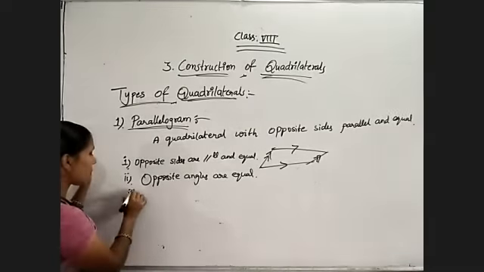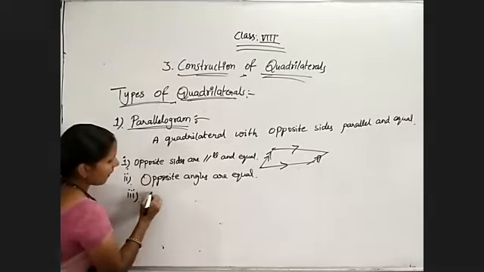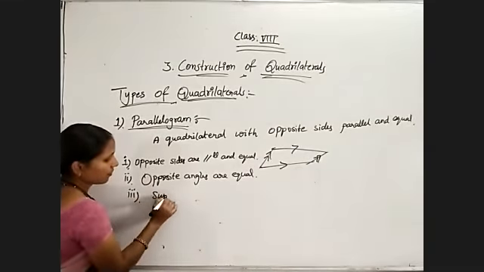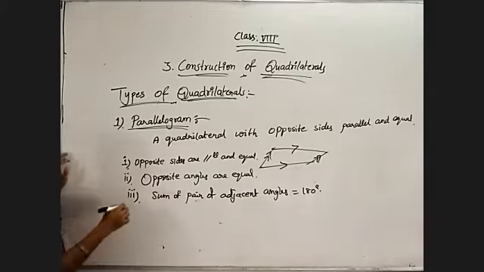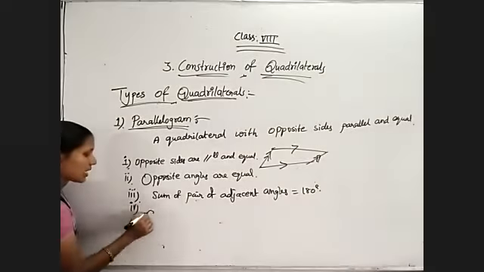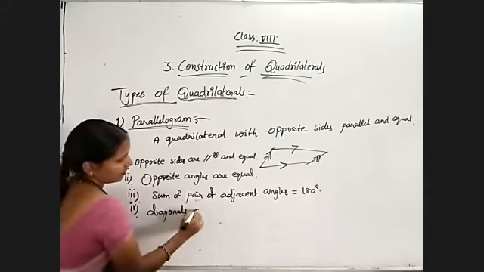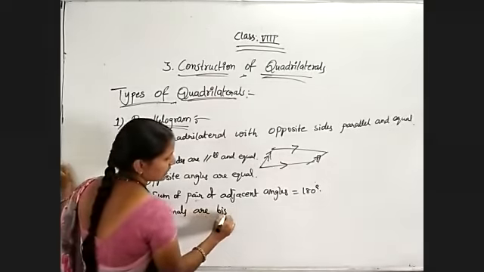And my third property is adjacent angles: the sum of a pair of adjacent angles is equal to 180 degrees. That is, they are supplementary. And my fourth property is diagonals bisect each other.